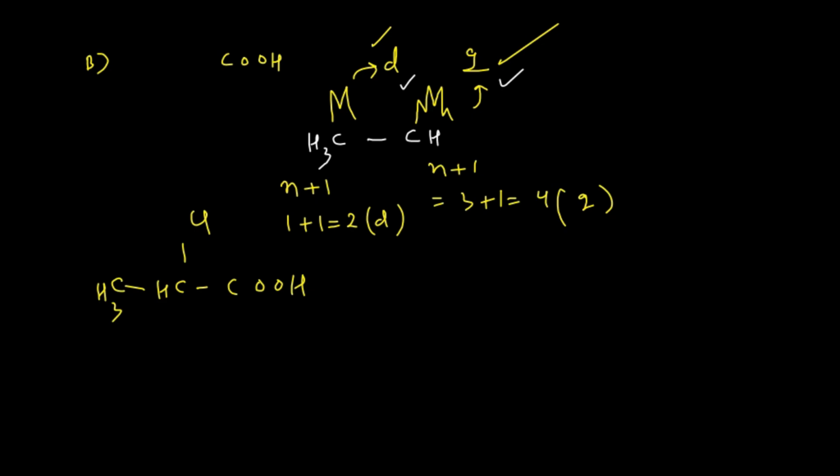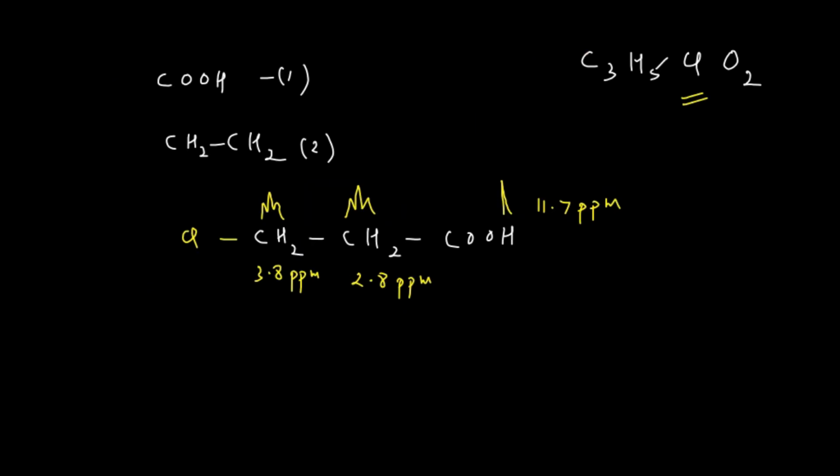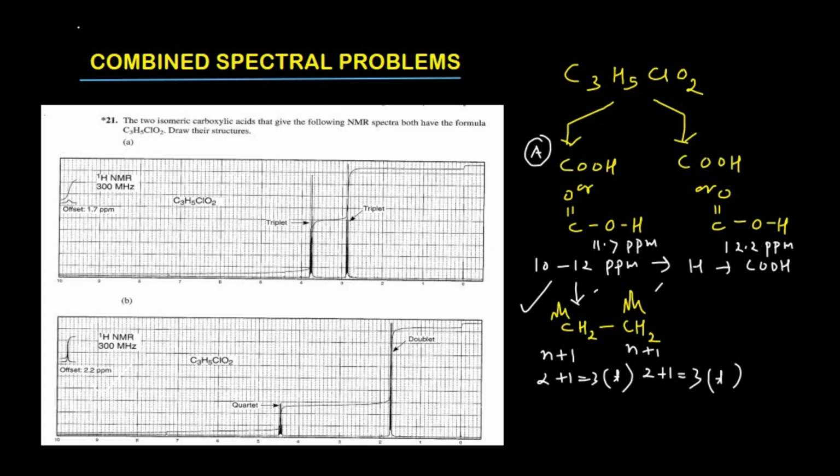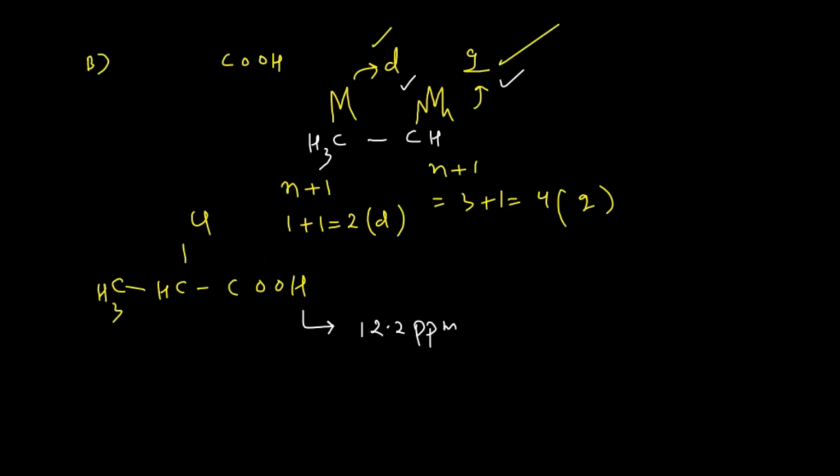And now you can see here, this particular signal will appear somewhere at 12.2 ppm. So if I go back, why is this signal at 12.2 ppm, while for the earlier one, the signal was around 11.7 ppm? The reason is quite obvious. This hydrogen is connected with the carbon which is having the chlorine.